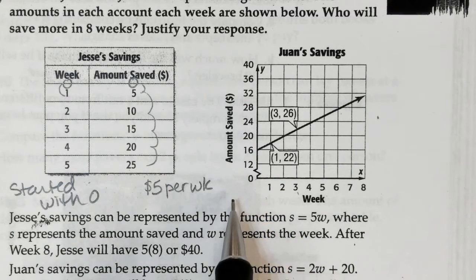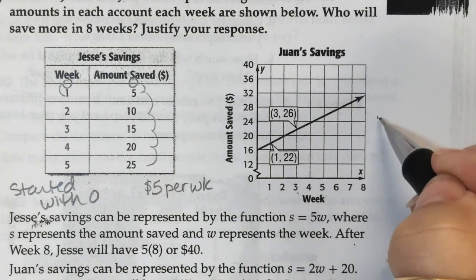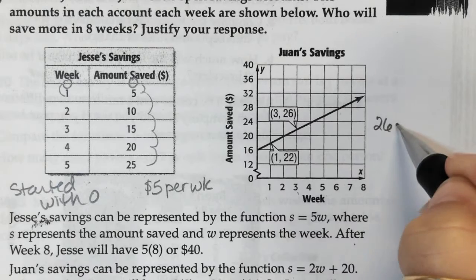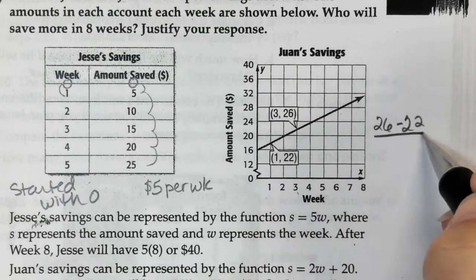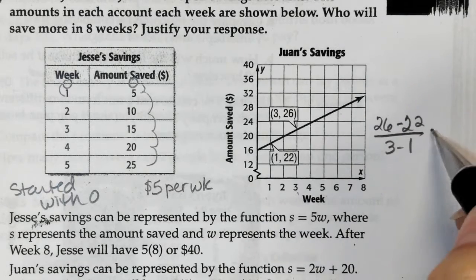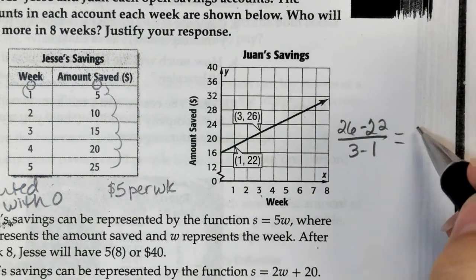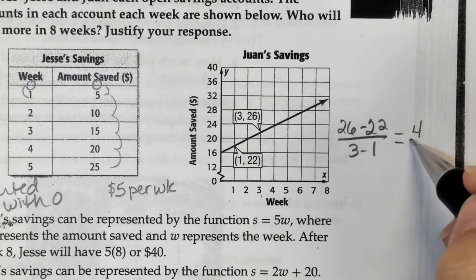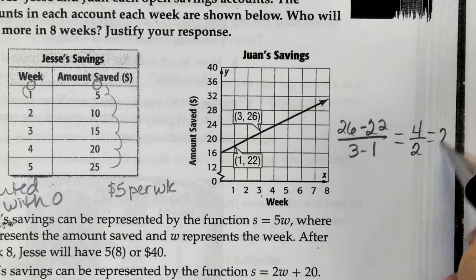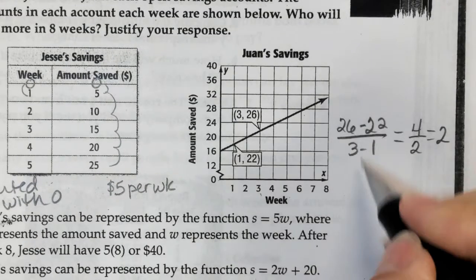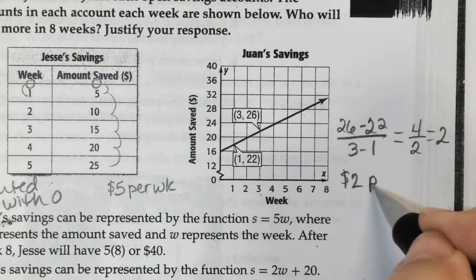So you have to be real careful with rise over run if the y and the x aren't counting by ones. It's just easier to come over here and do 26 minus 22, 3 minus 1, and you end up with 4 over 2 or 2. So he's saving $2 per week.